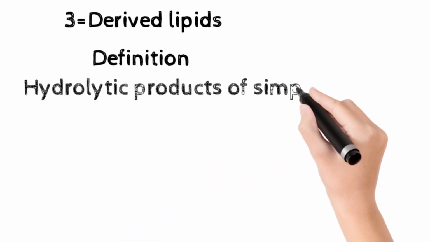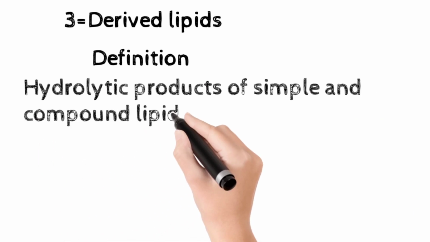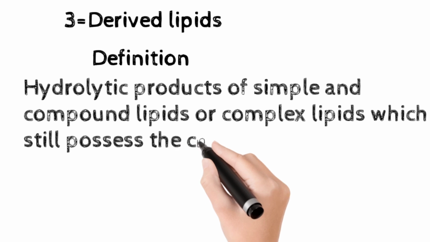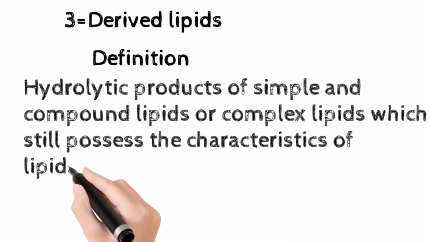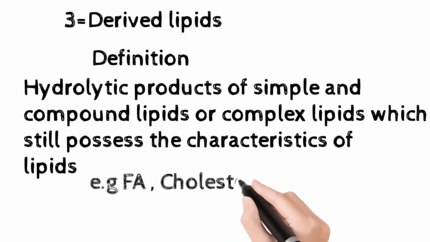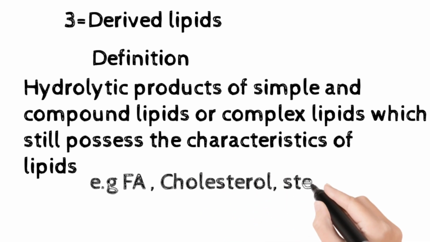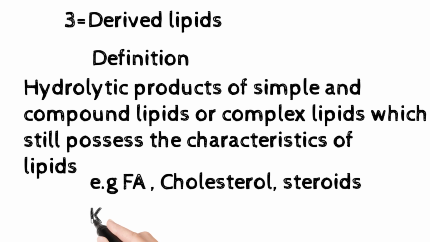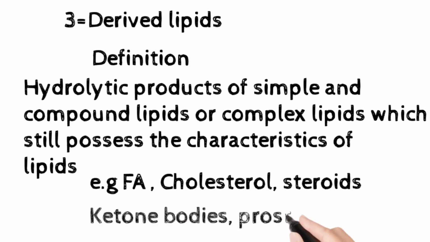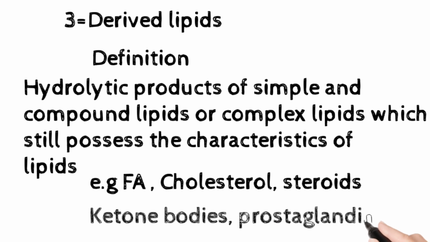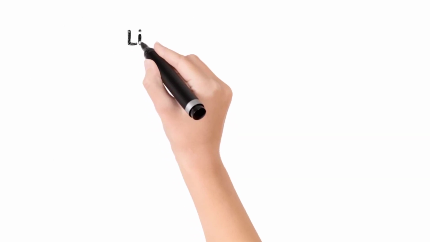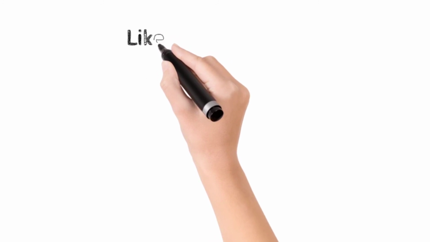Derived lipid is the hydrolytic product of simple and compound lipids, which still possess the characteristics of lipids, like being soluble in non-polar solvent and insoluble in water. For example, cholesterol, steroids, ketone bodies and prostaglandins. Now today our topic is complete.